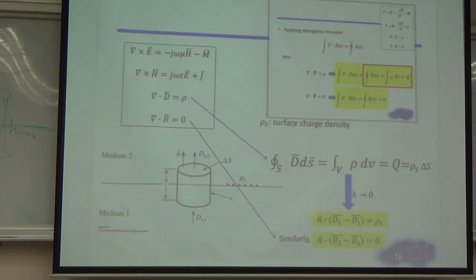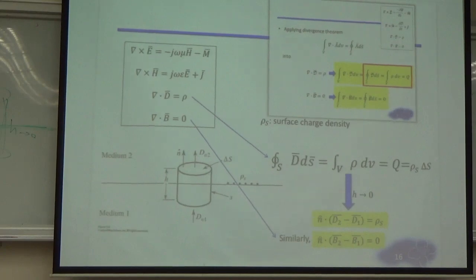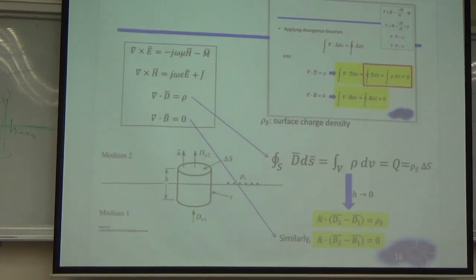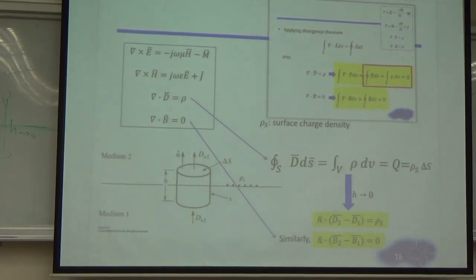Does anyone want to explain? What do you think it becomes? What happens if h goes to 0 but not 0? What happens to the surface?